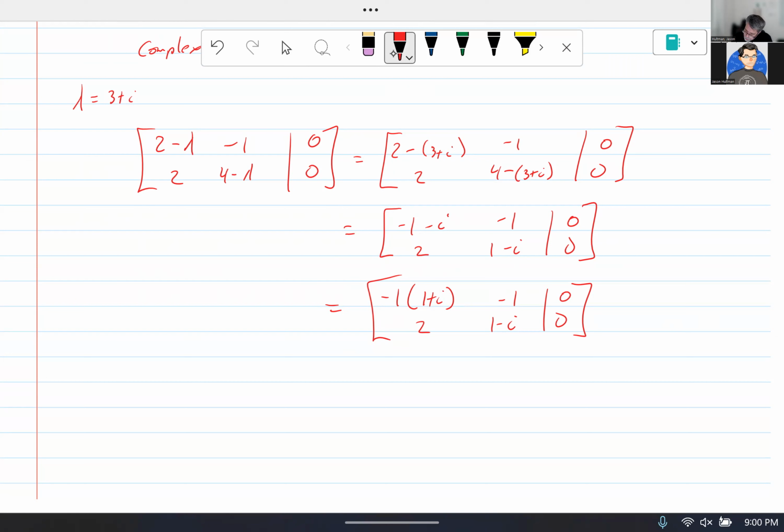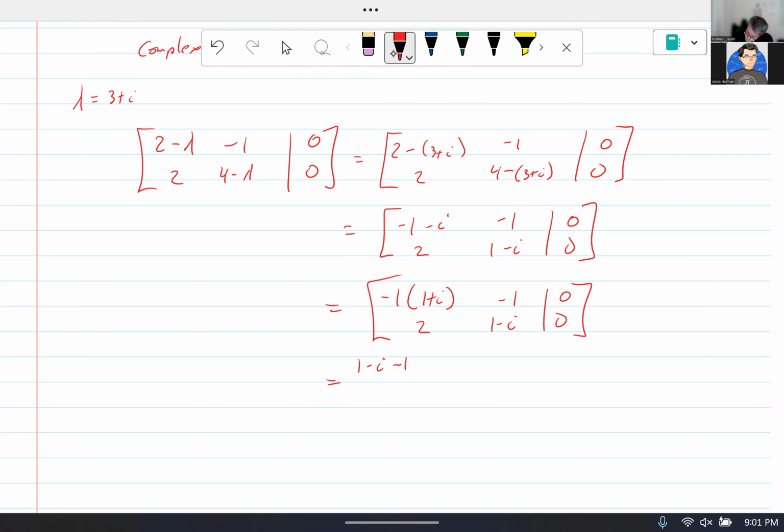So let's see what happens when I do that. I multiply 1 minus i through on the top.